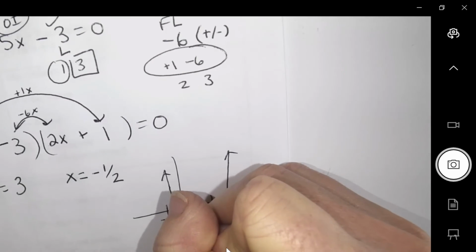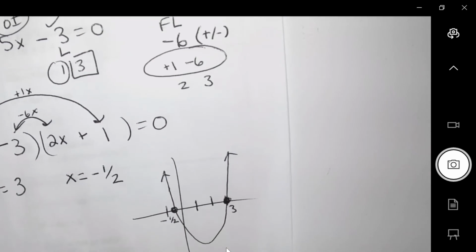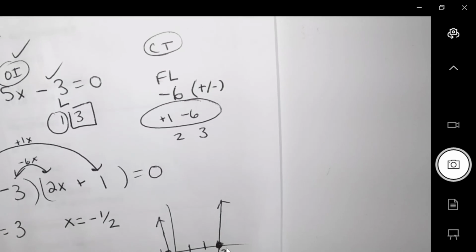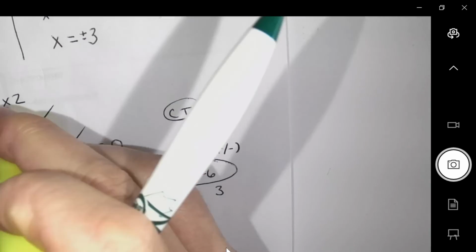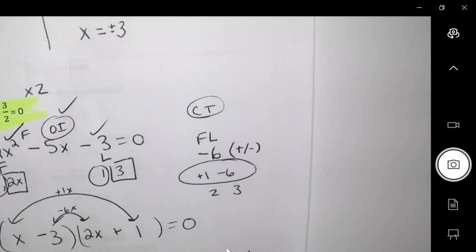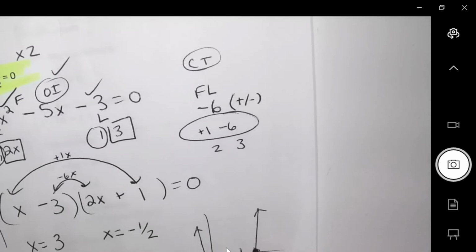Does anybody know what the y-intercept would just be as well? Have to look at the original here. What's the y-intercept on this one? -3/2, which is what kind of decimal for you? -1.5?